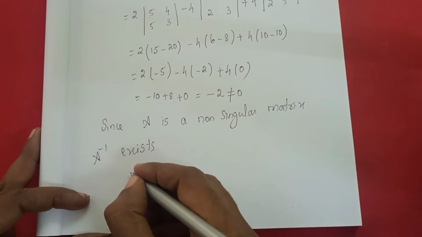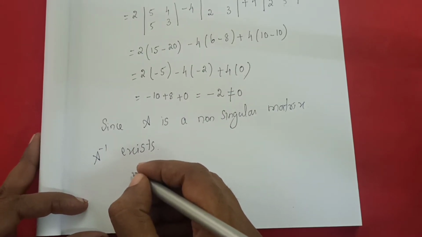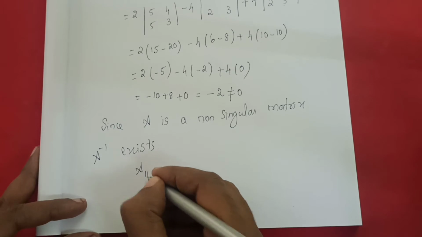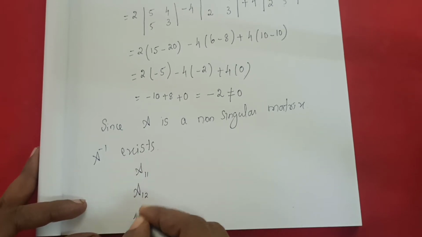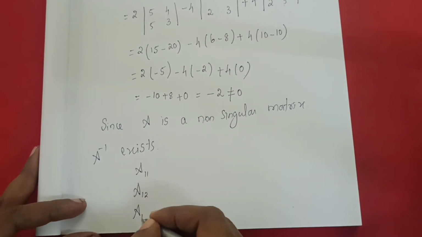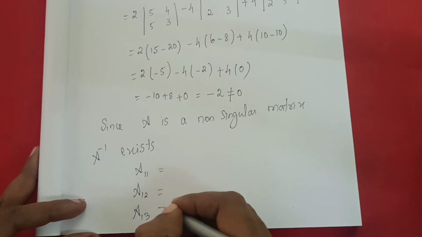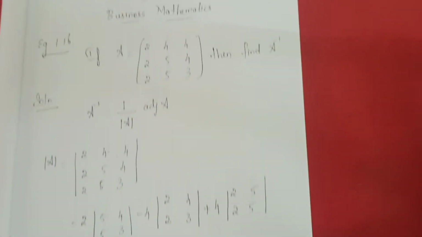Adjoint means first we need to find the cofactors A11, A12, A13. First we are going to find A11. Listen very carefully.